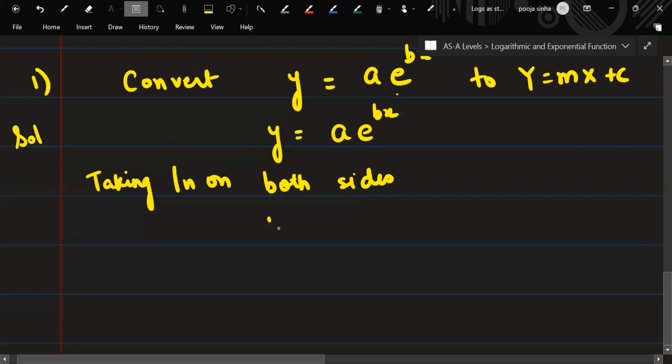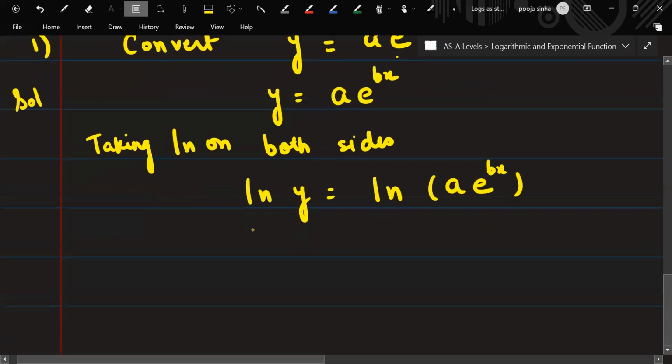So what do you get? ln y is equal to ln of a e raised to power bx, which is ln y equals ln of e raised to power bx plus ln of a.